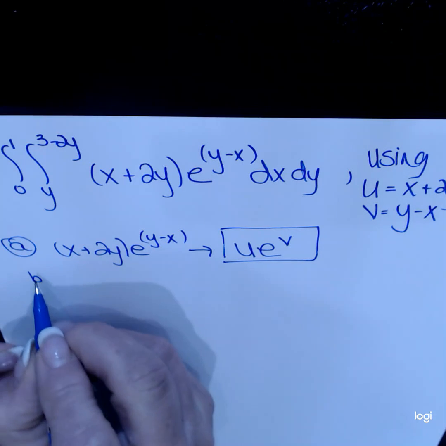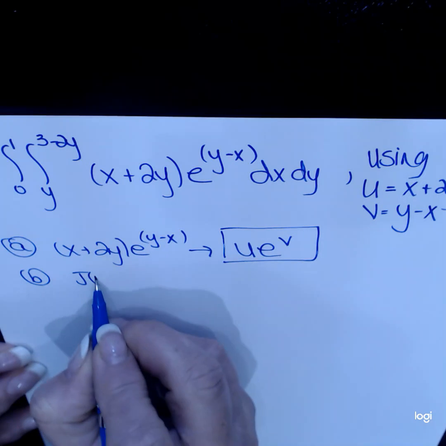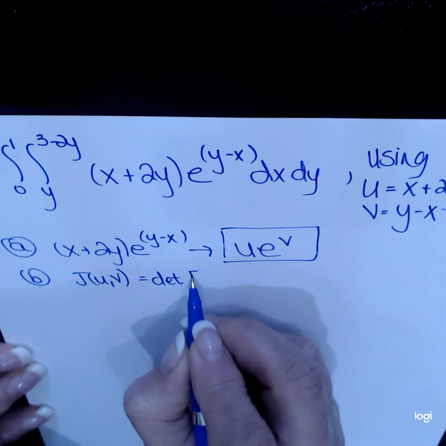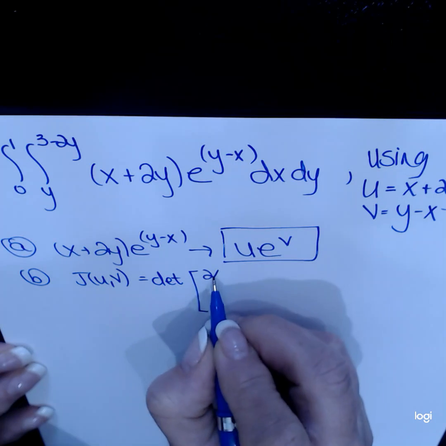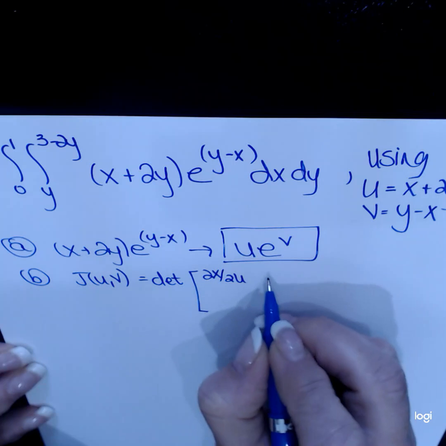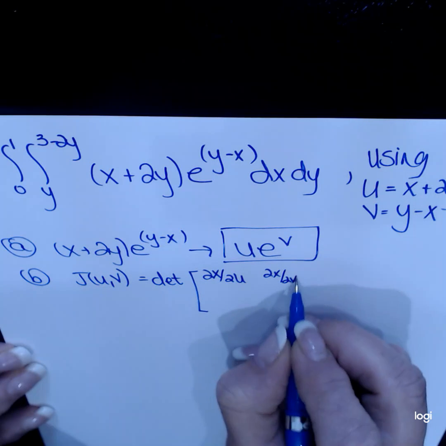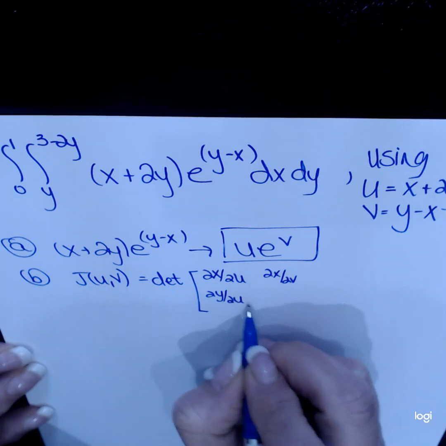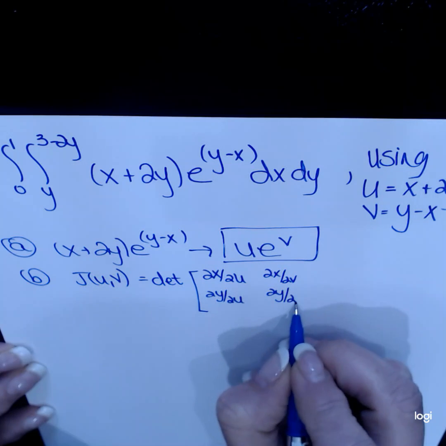The second part of this is to calculate the Jacobian, and remember this is the determinant of the matrix, which has across the first row the partial of x with respect to u, then the partial of x with respect to v. Second row will have the partial of y with respect to u, and then the partial of y with respect to v.